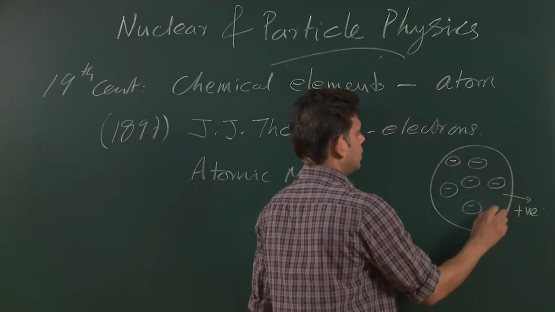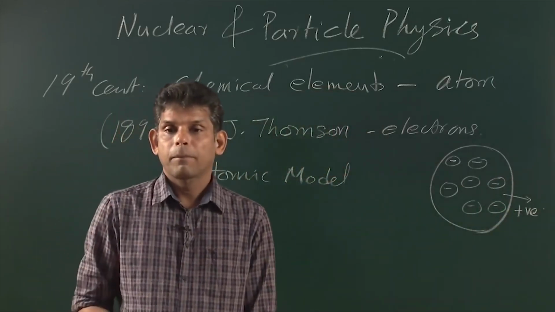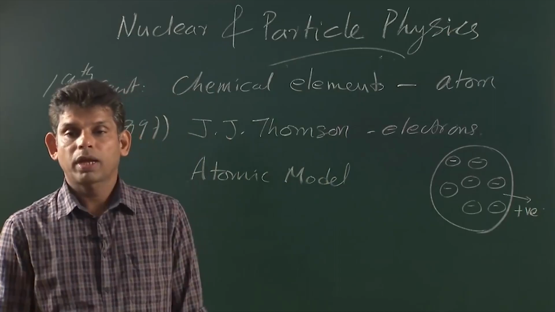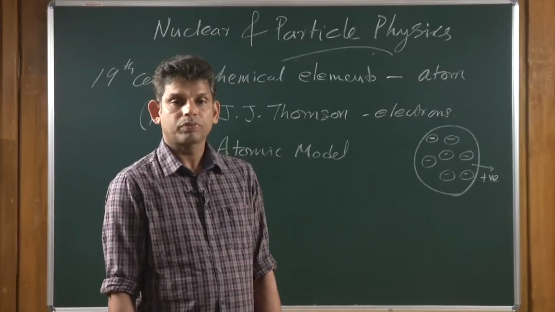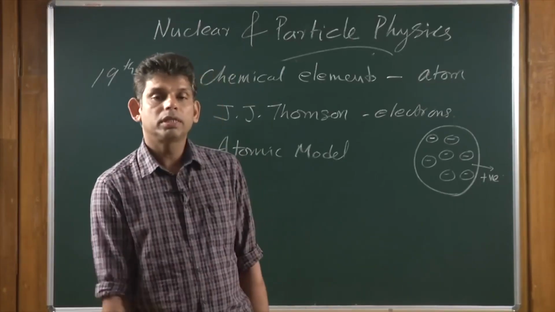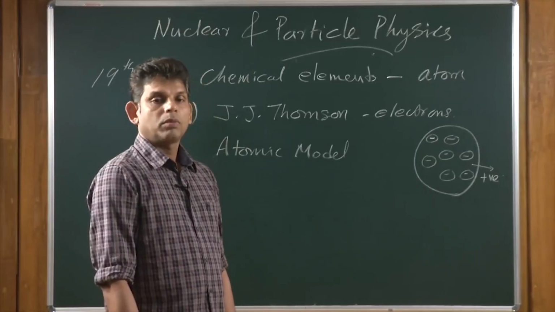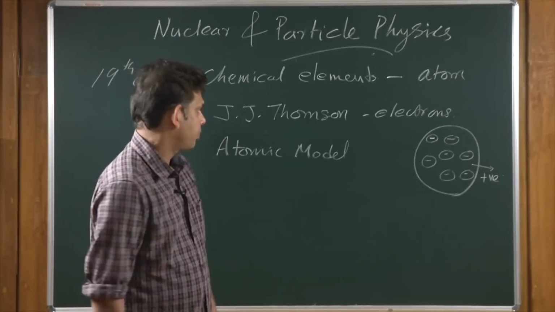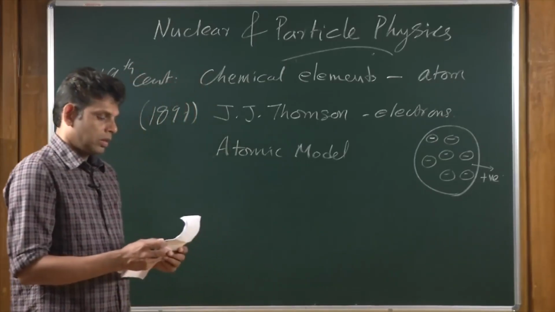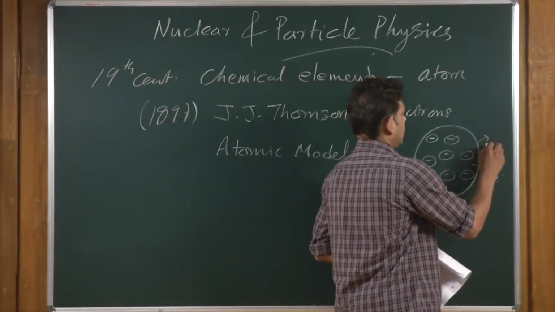So, where are these negatively charged particles that is coming out as part of the cathode ray? They are there in the atom distributed in this positively charged matter. That is Thomson's model of an atom. So, these are the electrons.